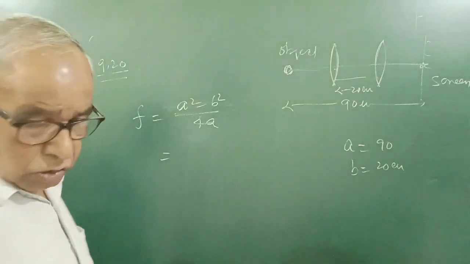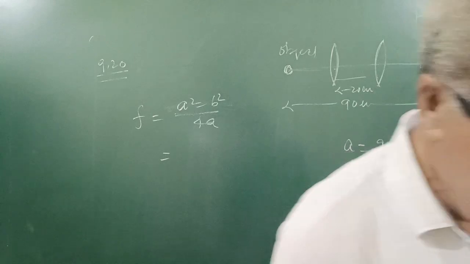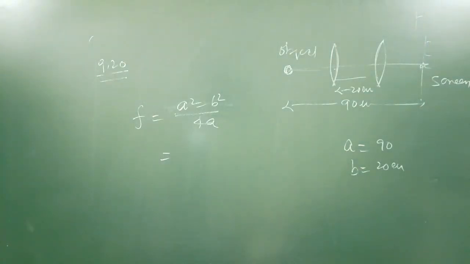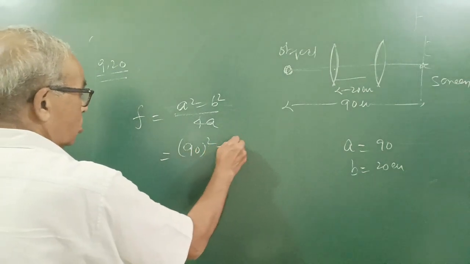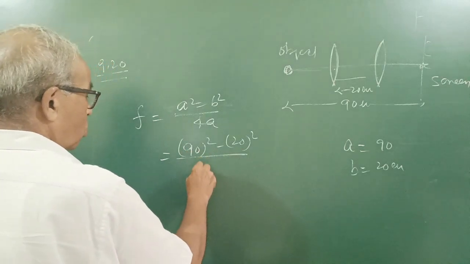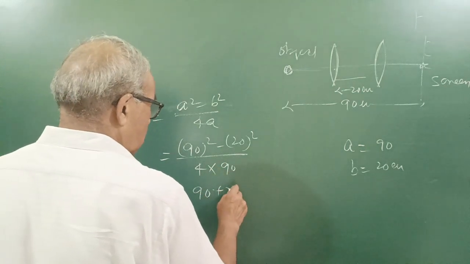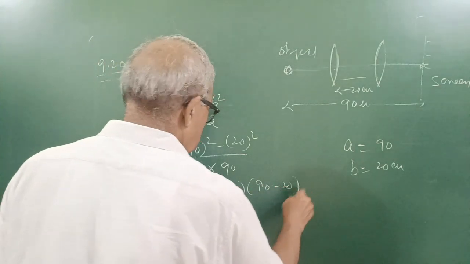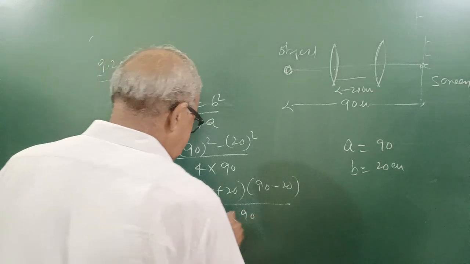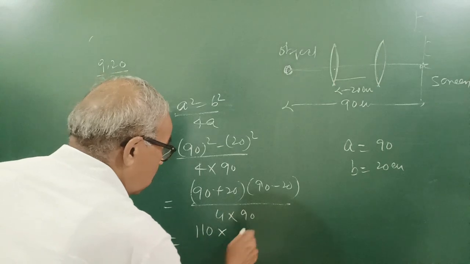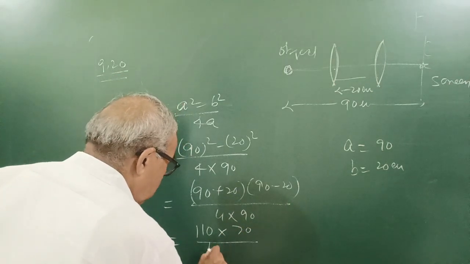I had a doubt, but yes, this is correct. So what is A? 90. So 90 square minus 20 square upon 4 into 90. So it is 90 plus 20 into 90 minus 20 upon 4 into 90, which is 110 into 70 upon 4 into 90.